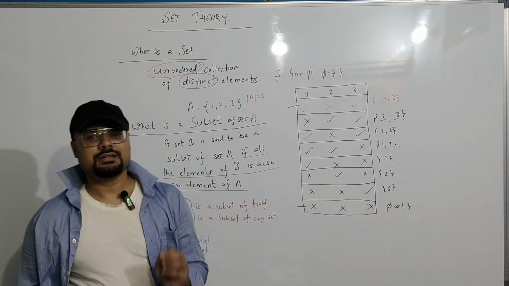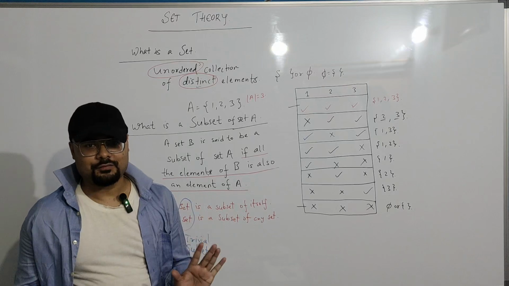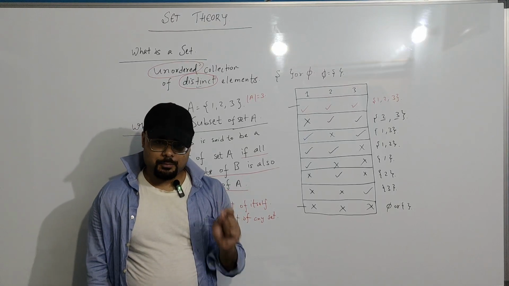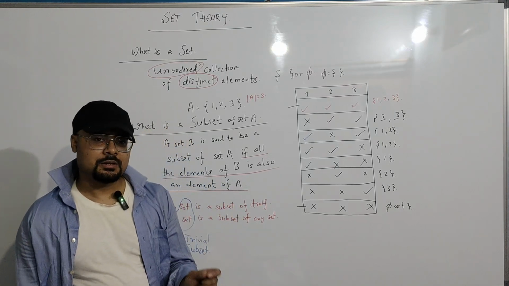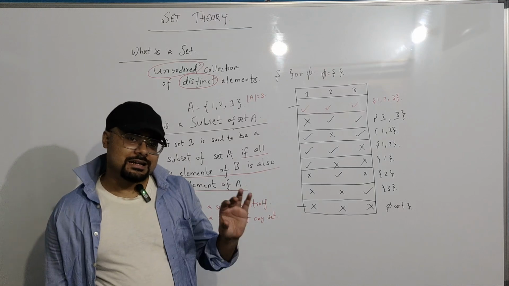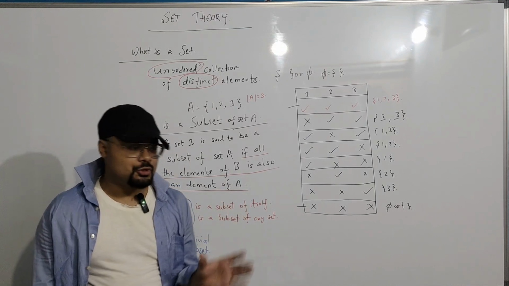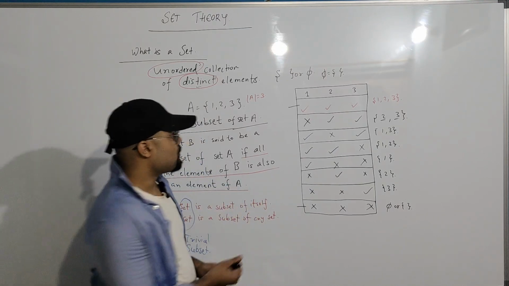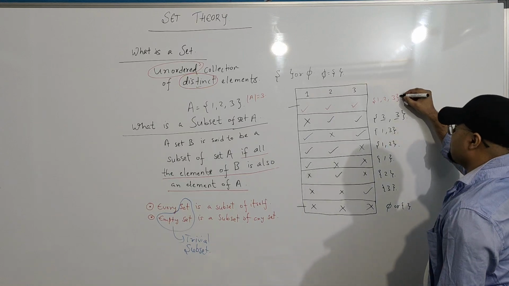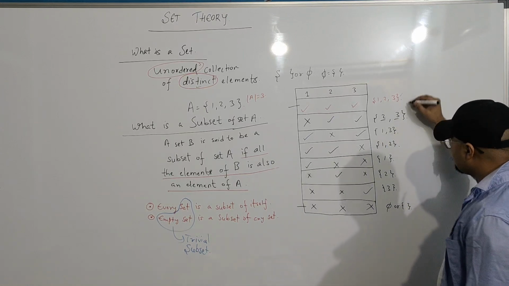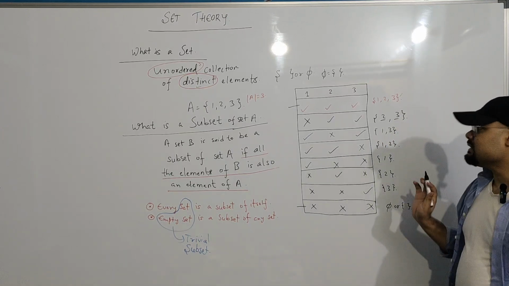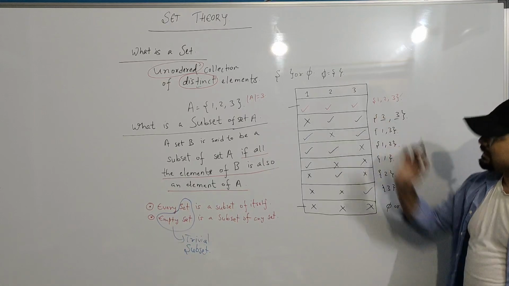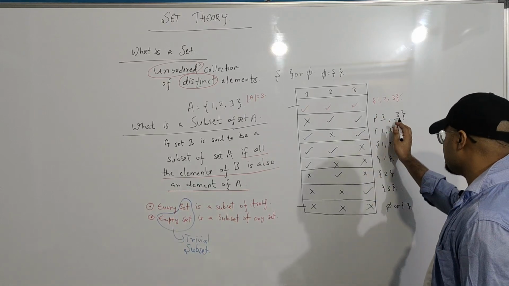The real definition is that a proper subset of a set is one where there is at least one element in the set which is not there in the subset. So for every subset other than the set itself, you can find at least one element which is in A but not in the subset.